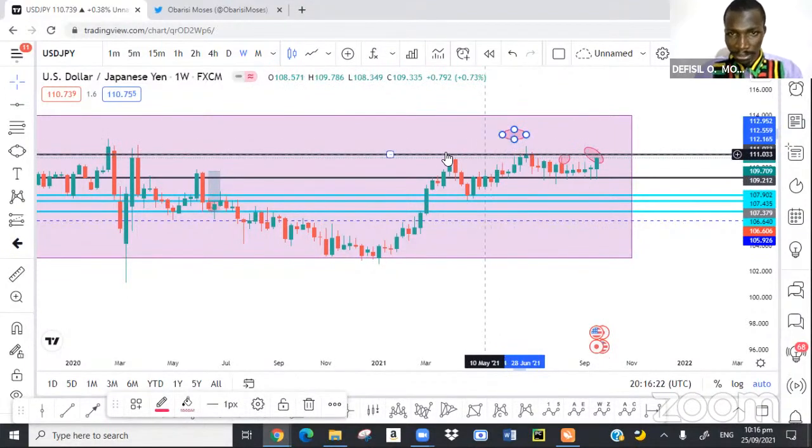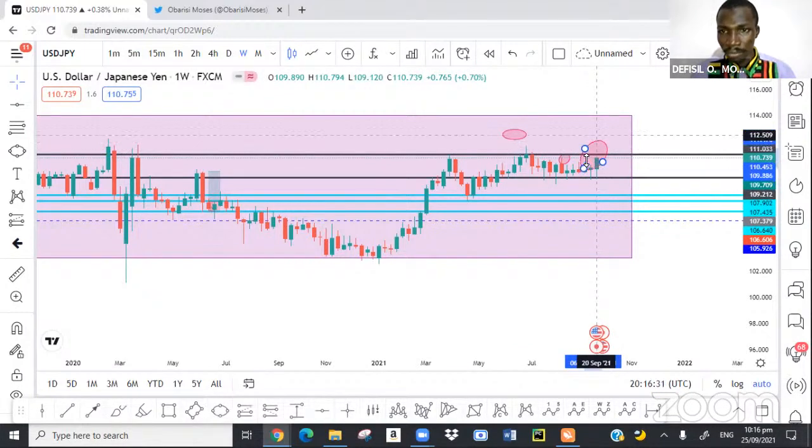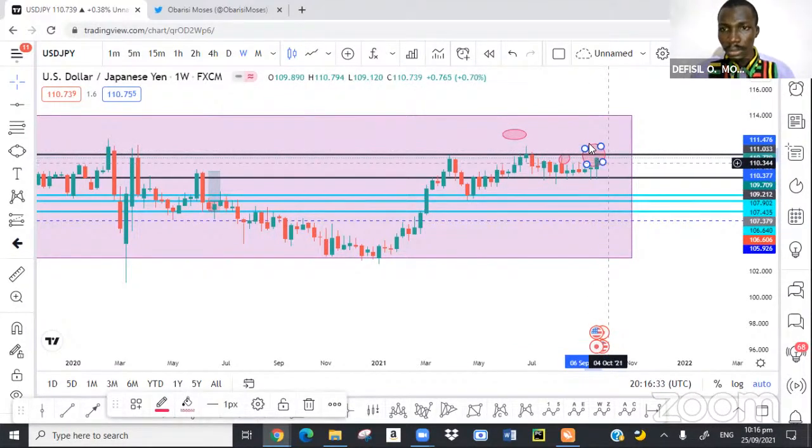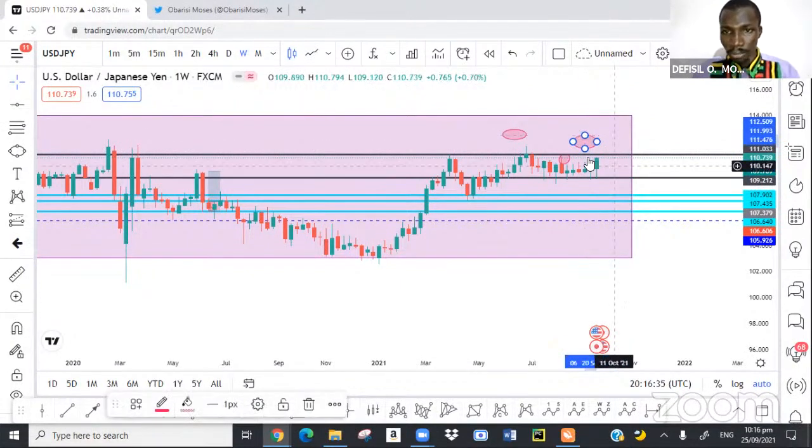This market has hit this level 1, 2, and let's just say this is the third, but not fully. It has not actually completely met this point, but it has it as 1, 2.